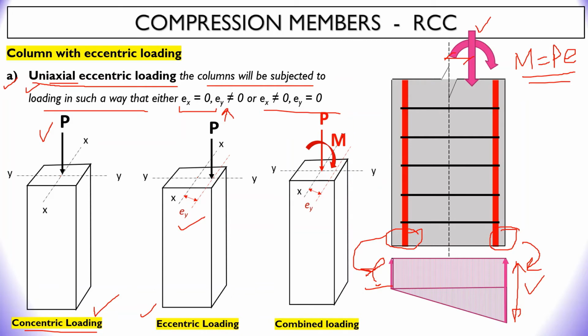This diagram clarifies that when the load is acting at some eccentricity, you can superimpose two diagrams: first the load acting at the centroid, plus some moment acting in the clockwise direction based on the eccentricity of the loading. So this is a combined type of loading, but it is a case of a uniaxial eccentrically loaded column.